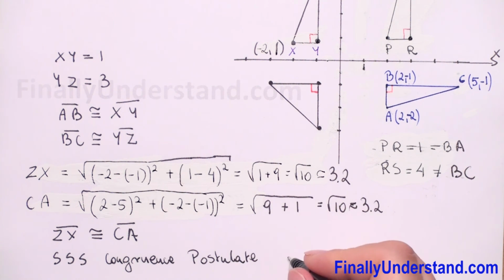We can write that triangle ABC is congruent to triangle XYZ. This is my solution.